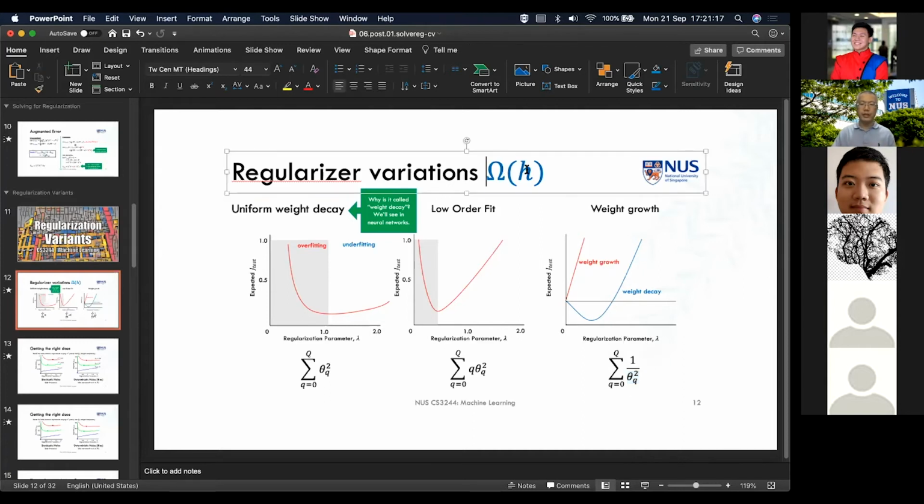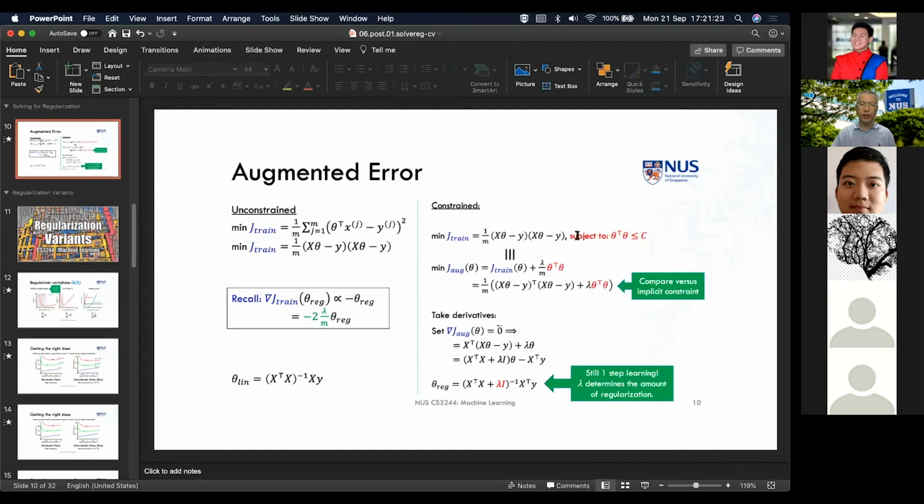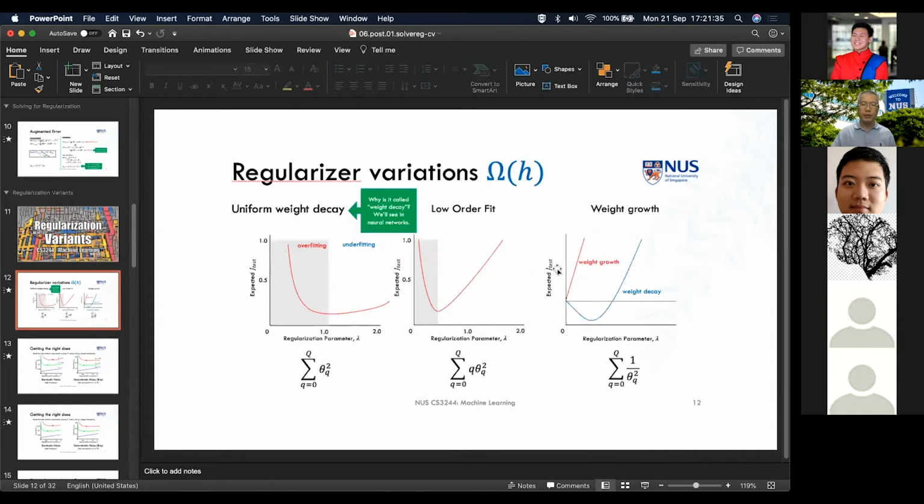Now our regularization function doesn't care. As soon as you have a regularization function, we can just plug it in on this side. This is our omega of h. I can minimize it. So I just need a term that goes over here and I can minimize that. But the problem here is when we do weight growth, in this case where we are saying that we want our regularization values, our constants, to be very big, it usually doesn't work.